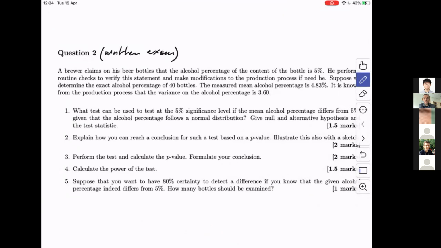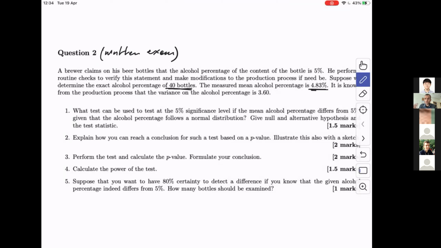So this is a problem about a beer brewer that makes beer that has 5% alcohol. And he or she does a quality control process to check that there is indeed 5% or more or less in the bottle. And on a sample of 40 bottles, they find that the measured alcohol percentage is 4.83%.